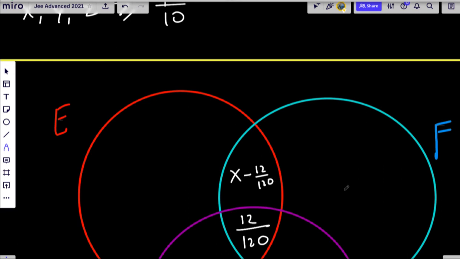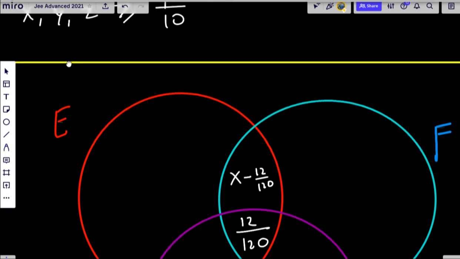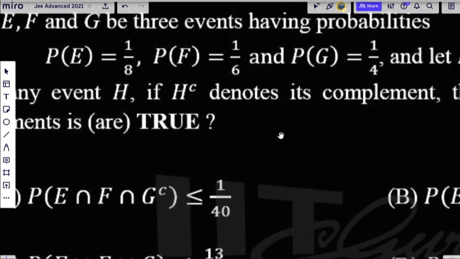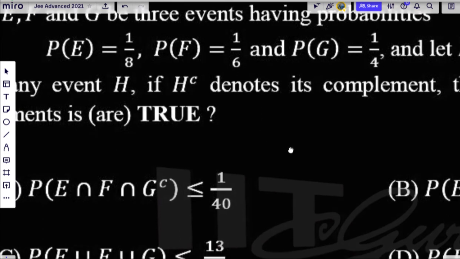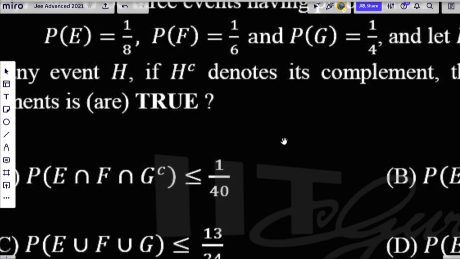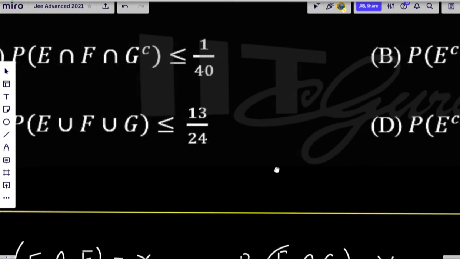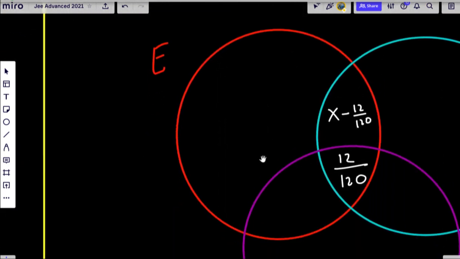And what about F? F is 1 by 6, so to make it over 120 we multiply accordingly. Let's recall the E part first.